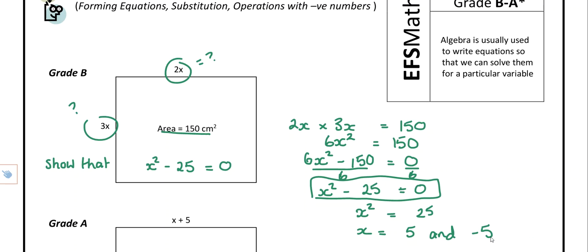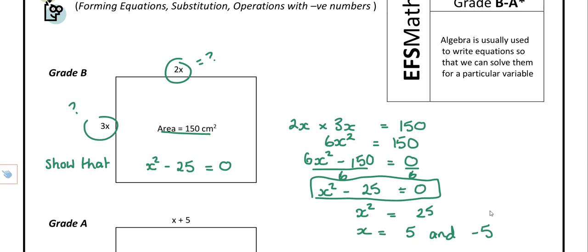Megan, are you with me? But why don't I use the minus 5? Because it's a rectangle. Yeah, it's a rectangle. We're actually applying the solutions. Now we know that a quadratic has 2 solutions, but in this context, one of those solutions is not appropriate.